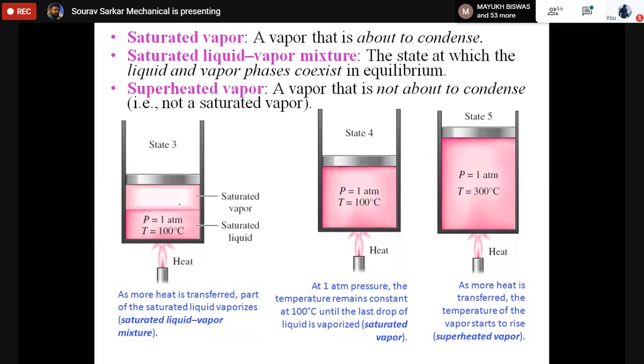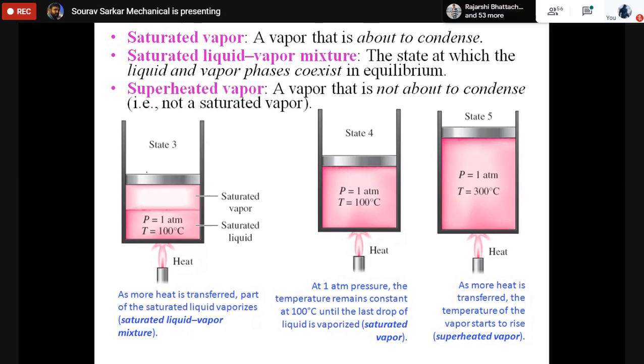Now, one common question: the water temperature is 100 degrees Celsius, but what is the temperature of this vapor? Is it more than 100? No, it is 100 degrees. Are you sure? Yes. Everyone is sure? Yes, sir.